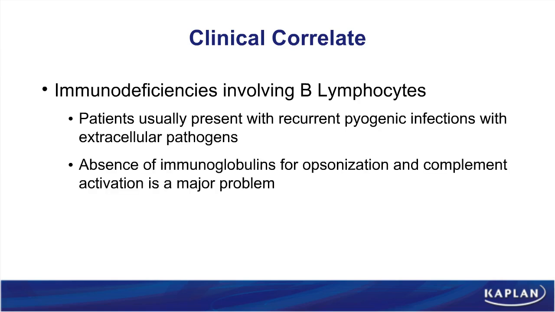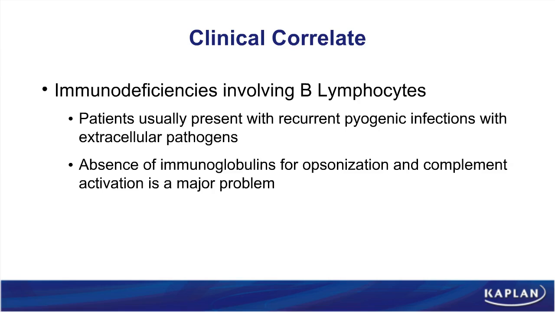The absence of antibodies within these humoral deficiencies makes a severe problem when we're trying to remove bacteria through opsonization because we're lacking that IgG. If we don't have IgG, we can't activate classical complement, especially if we don't have IgM and IgG. So we're going to have a buildup of pathogens and a really hard time getting rid of them.